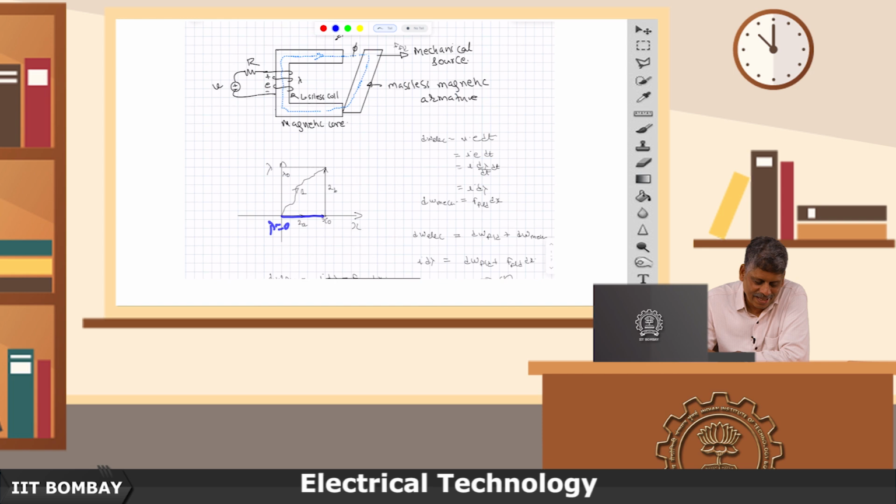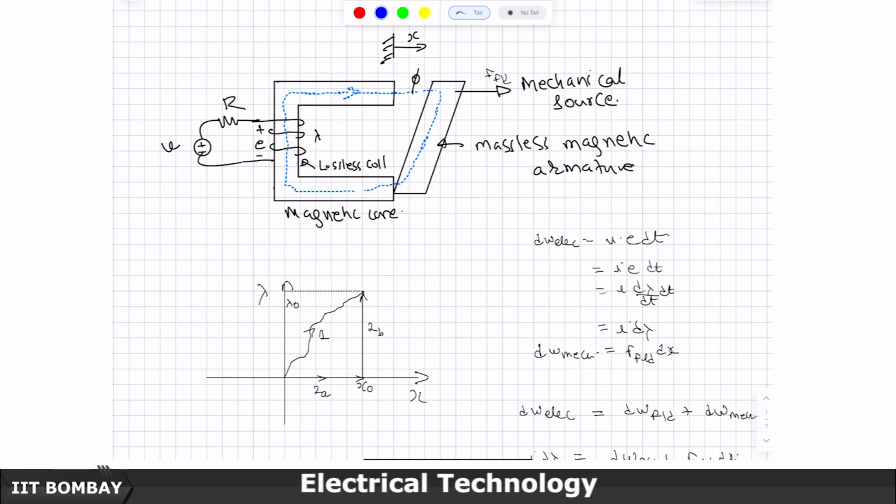So, what I am saying is simple. I am going to first have a switch which will be open, for example. So, there is no current which is flowing there, so flux is not set up. So, N phi is 0.